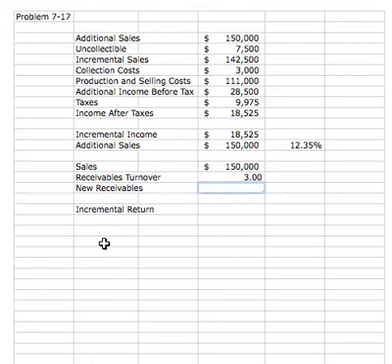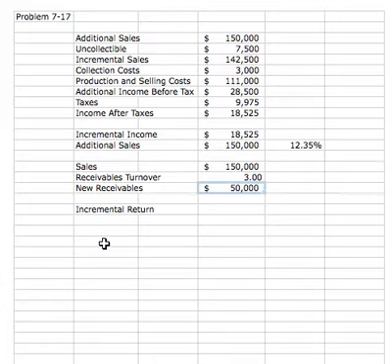And so let's go ahead and do that. Our sales divided by our receivables turnover ratio. That means this decision would increase our annual receivables balance by $50,000.